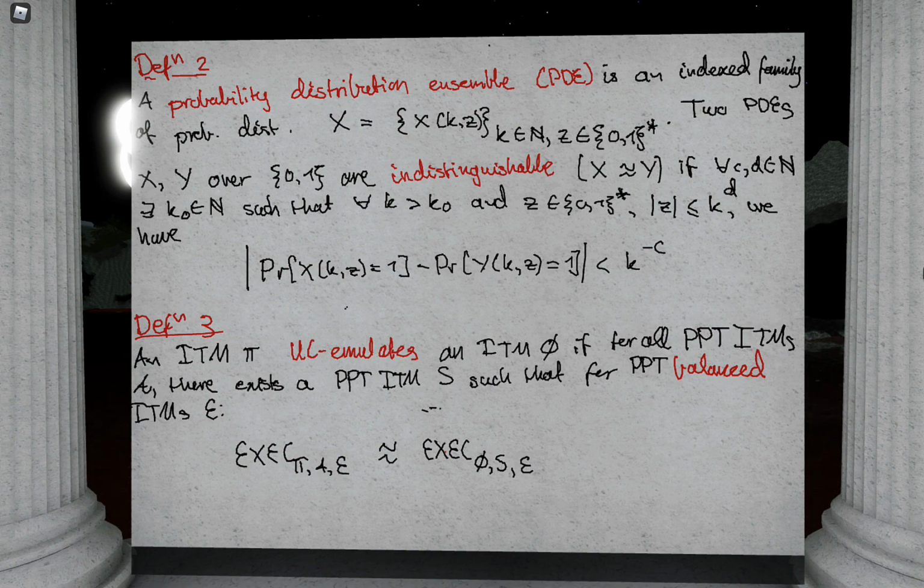Okay, so UC emulation is now defined in terms of: given any efficient adversary, we can produce another efficient adversary such that no matter what environment we're in, the execution of pi looks like the execution of phi. Now we have two questions.